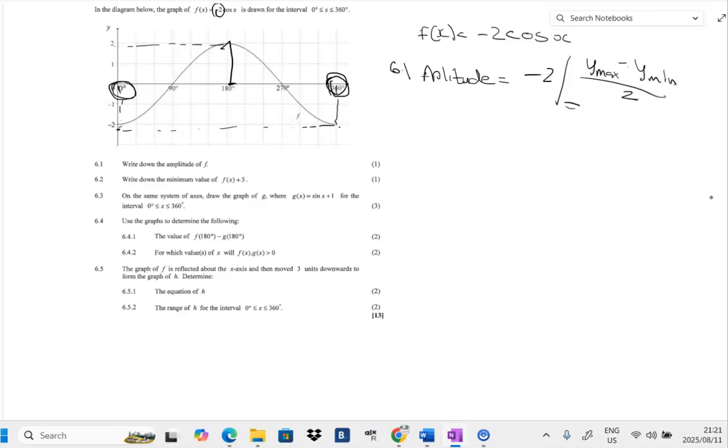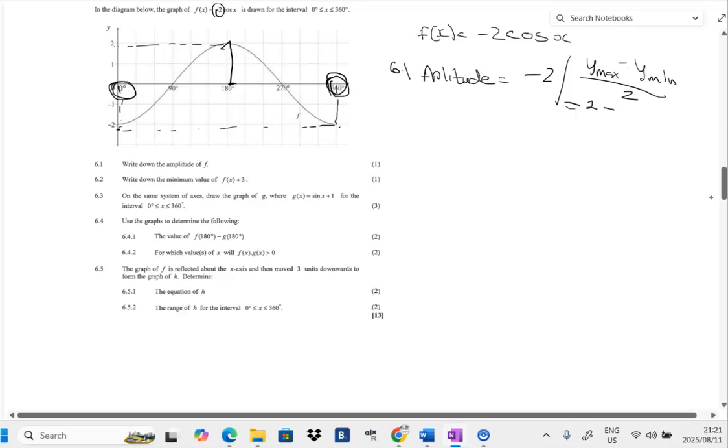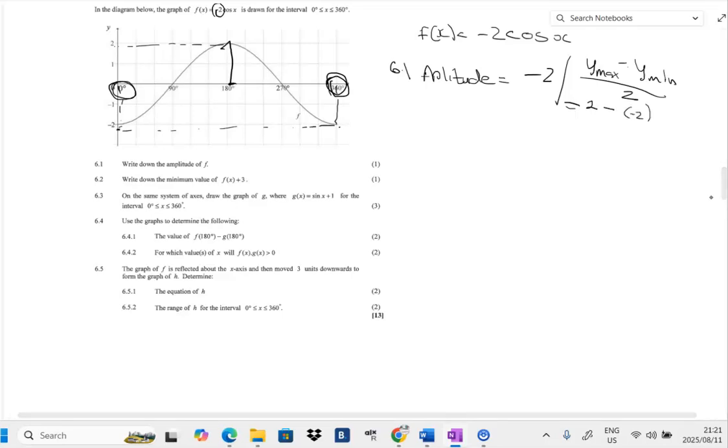The maximum is 2 minus the minimum, which is negative 2, over 2. So it's 4 over 2, and our amplitude is 2.